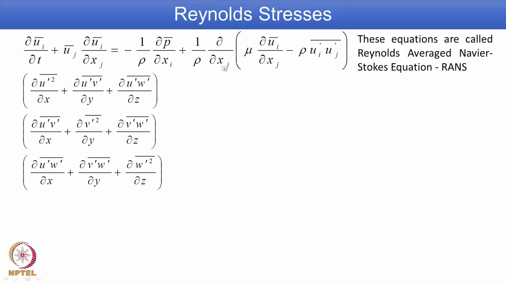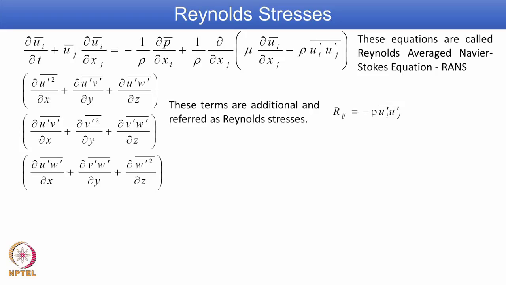In the derivative denominator we have xj, and the index j is repeating, and for every value of j you get one term, but then they are added, and that is why you get a summation term. For the next value of i, again j, we get another term, and for the next value of i and j we get another term.